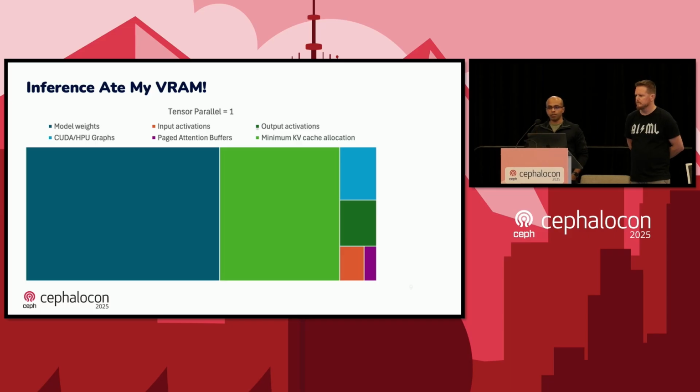It's the absolute minimum that is allocated by default. So here's the brutal reality: inference already took away your VRAM, your GPU memory, before you even started thinking about scaling context length or caching prefixes during, let's say, a chat session. So there's no room to grow. If you want to 10x your context window, you can't do it.